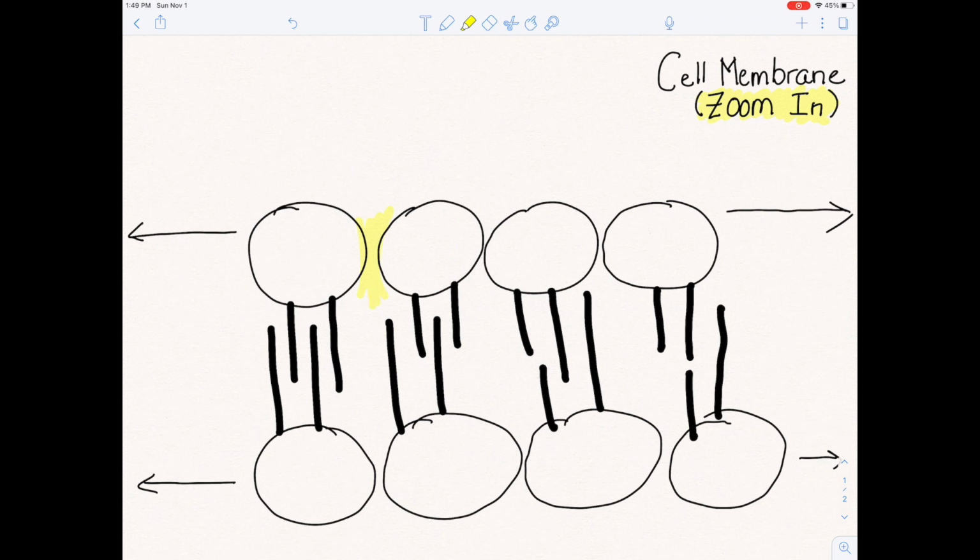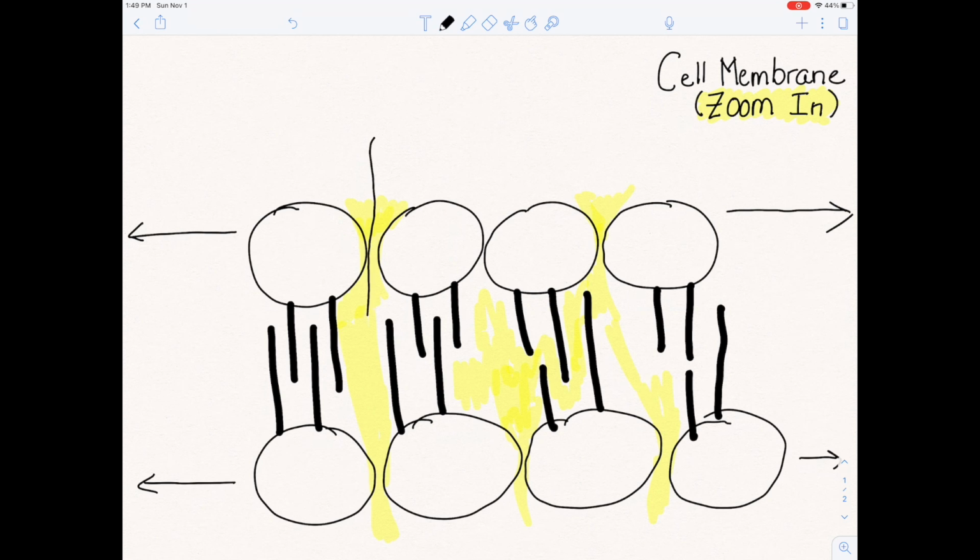So even when we're drawing the phospholipids next to each other, we have to remember that there is a little bit of space between them, albeit a very small amount of space, but there's still space. And the phospholipid heads of the membrane are not locked together like we think they would be. Rather, they have some wave-like motion that makes them look almost like the surface of the ocean.